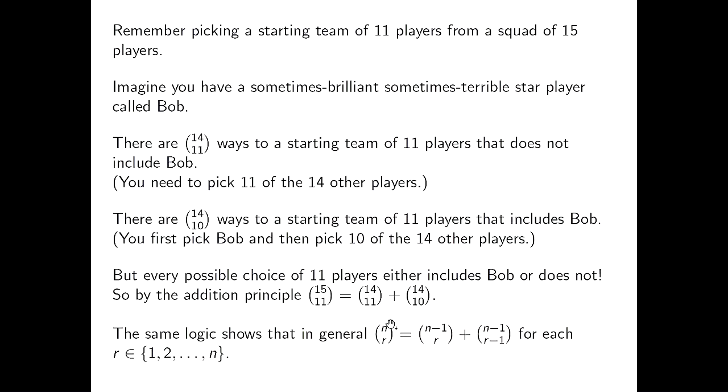So in general, n choose R is n minus 1 choose R plus n minus 1 choose R minus 1, because this is the number of ways to choose the set without a specified thing X. This is the number of ways to choose it with X. Does that make sense?